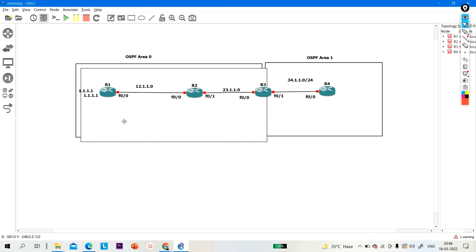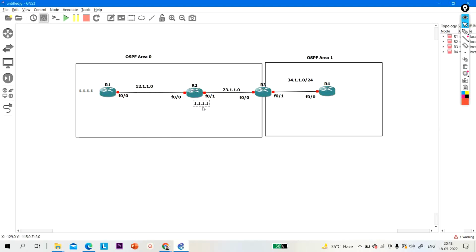How many types of messages are there in OSPF? Khalid.